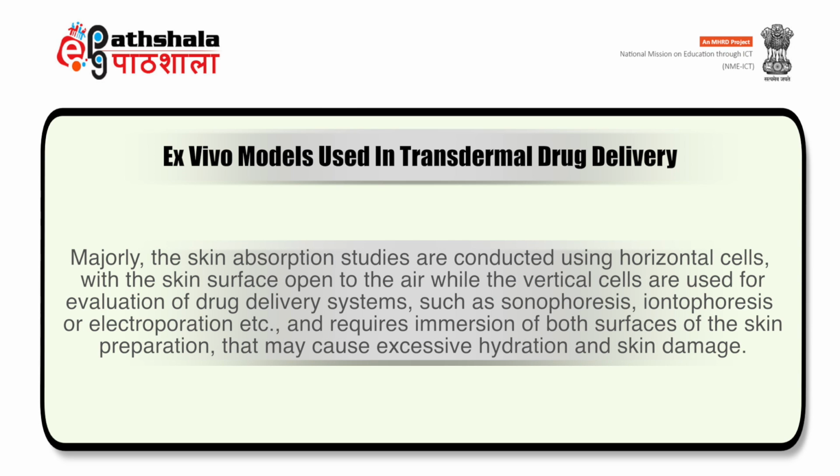Majorly, the skin absorption studies are conducted using horizontal cells with the skin surface open to the air, while the vertical cells are used for the evaluation of drug delivery systems such as sonophoresis, iontophoresis or electroporation, and require immersion of both the surfaces of skin preparation that may cause excessive hydration and skin damage.